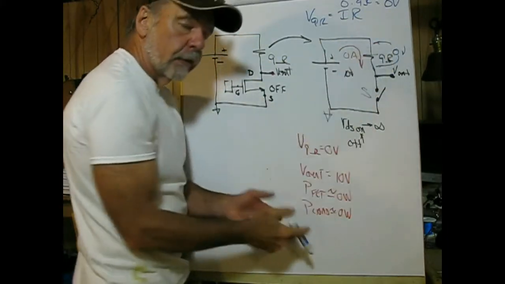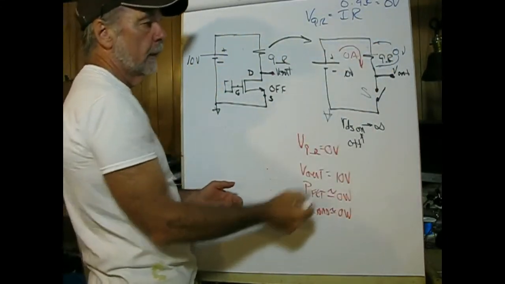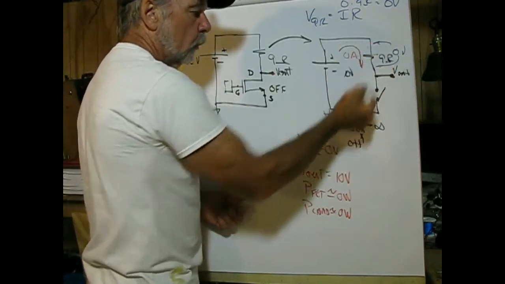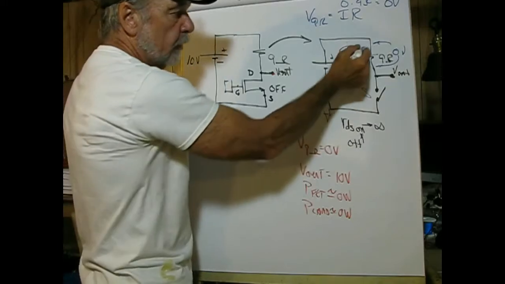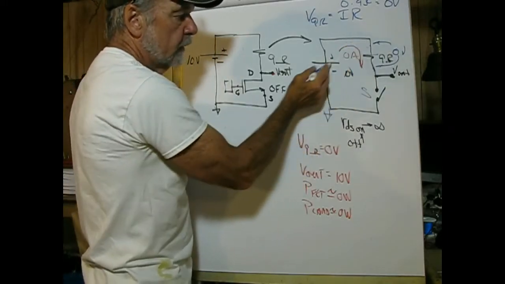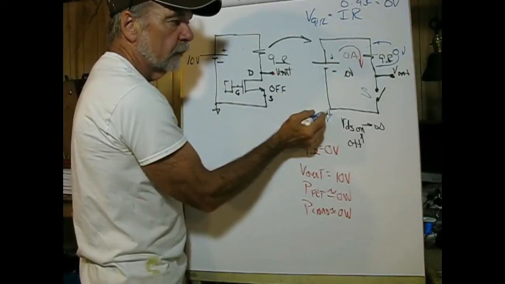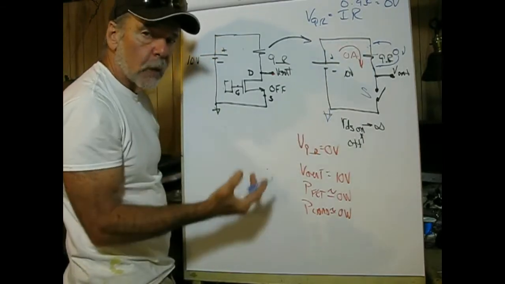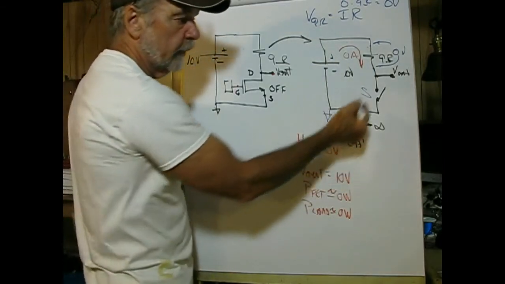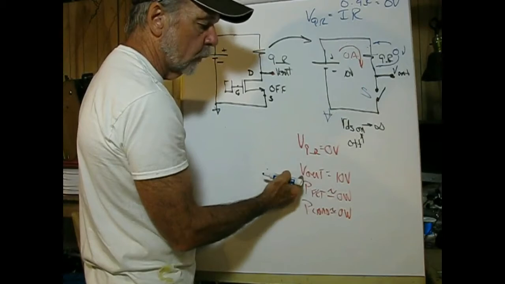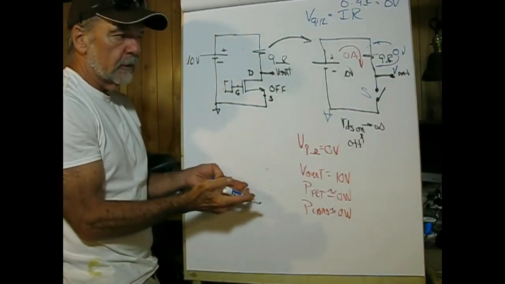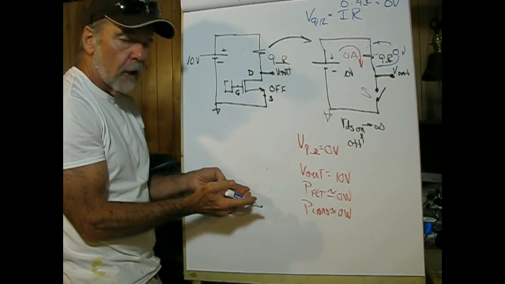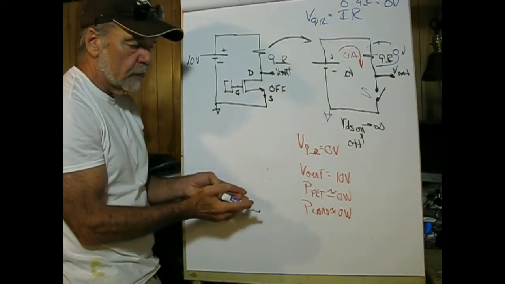That is, the drop across the resistor is going to be 0 volts. Now, this side of the resistor is connected to +10 relative to ground. And if the drop is 0 volts, that means V out is going to be 10 volts. Many students would say that the circuit's on because you have an output voltage. It's off. It's a low side switch.